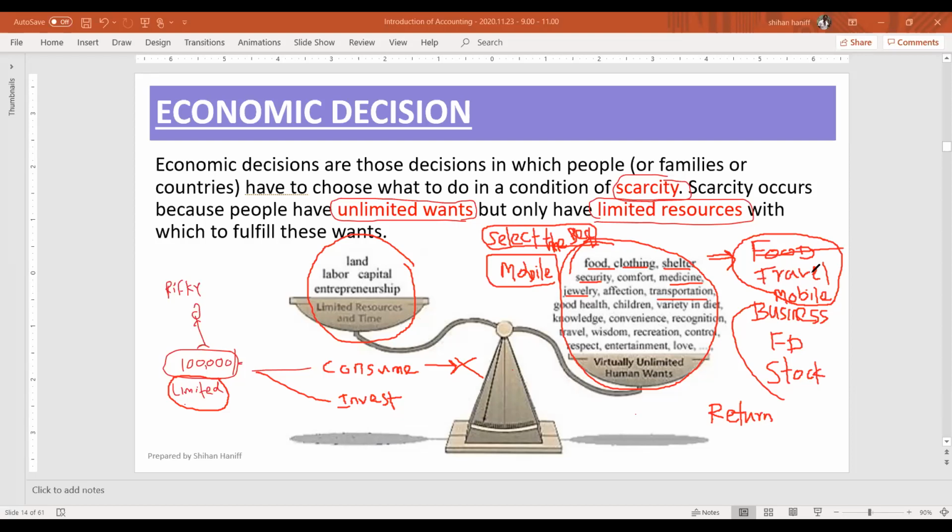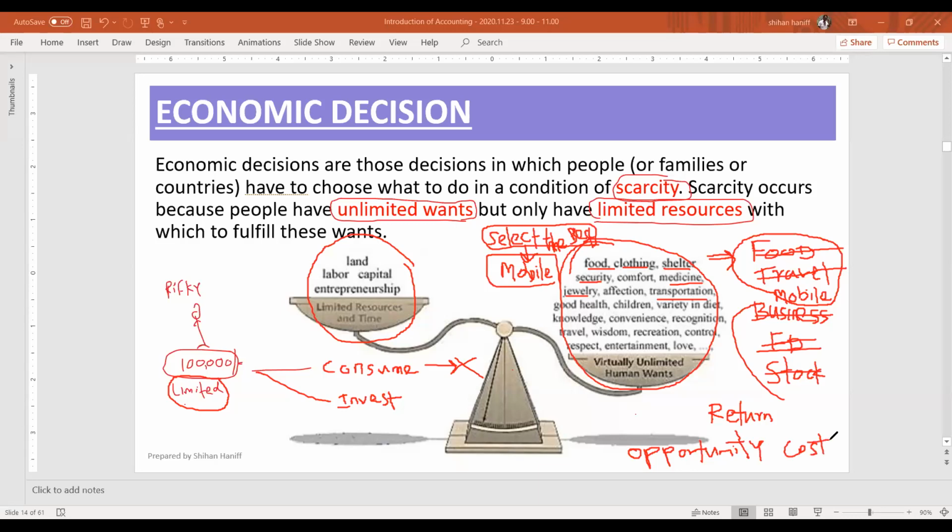He can't buy food, he can't travel, he can't start the business, he can't invest in fixed deposits or stocks. So he sacrifices. He sacrifices everything and selects the best option available. And all these sacrificed options are called opportunity cost.